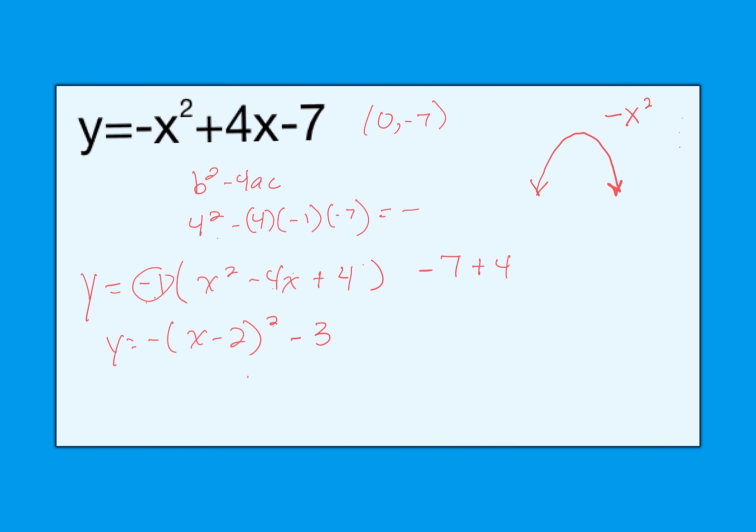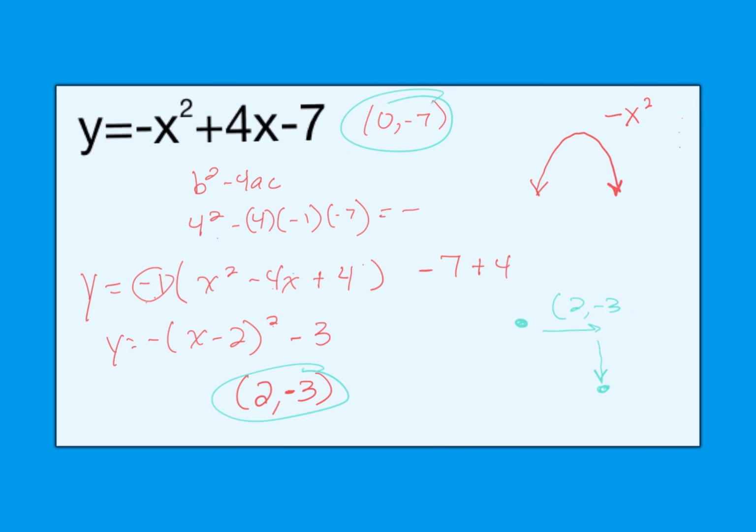Our vertex is going to be 2, negative 3. So look at that. We've got 2 points. Boom, boom. Let's start at the vertex. Now, if you start at the vertex and it's going to go down, right? If we start at the vertex, 2, negative 3, we're going to go over 1, down 1, over 1, down 1.